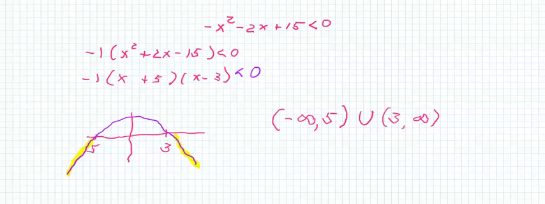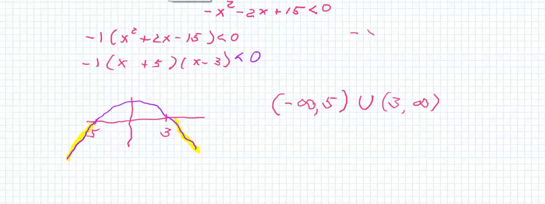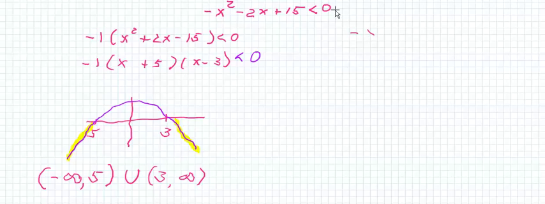Now the other way we could have done this, looking at the same equation, is to multiply by -1. So I have negative, all right, just move that. So I multiply by -1, let me write the equation down. Negative x squared minus 2x plus 15 less than 0.